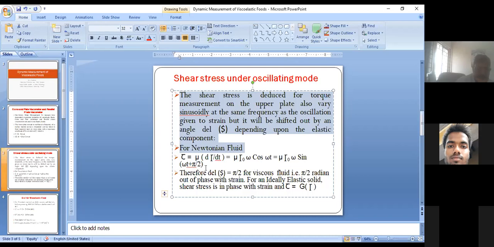Therefore, delta is equal to pi by 2 for a viscous fluid, that is, pi by 2 out of phase with the strain, or ideally for an elastic solid it is tau is equal to G gamma.